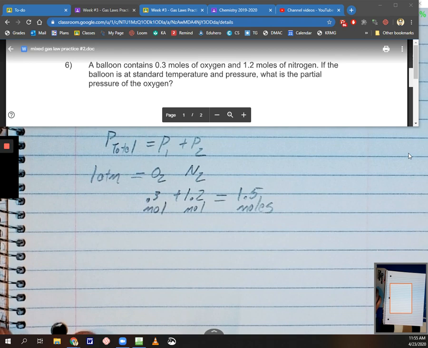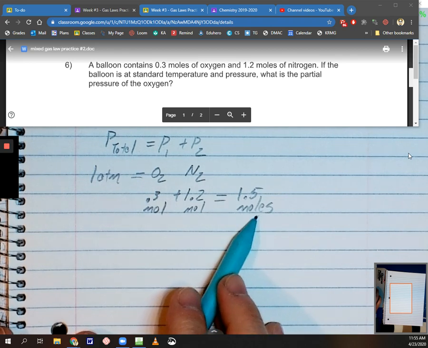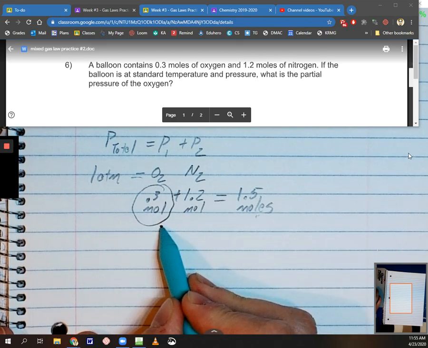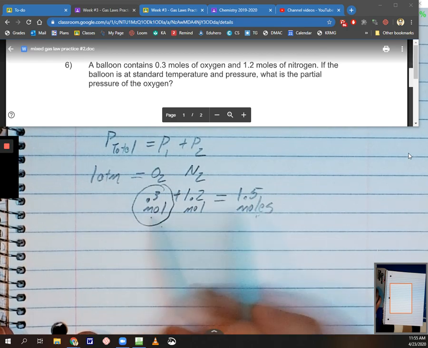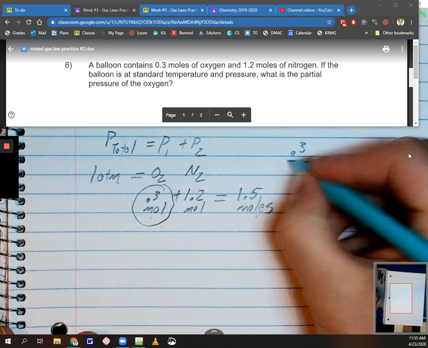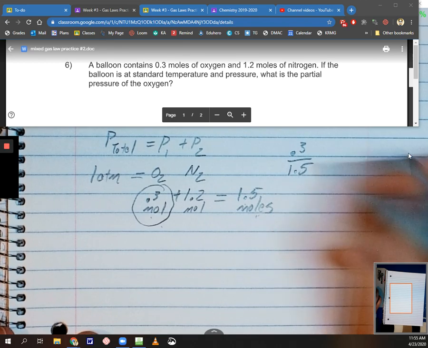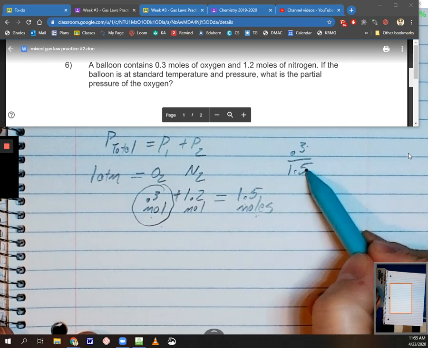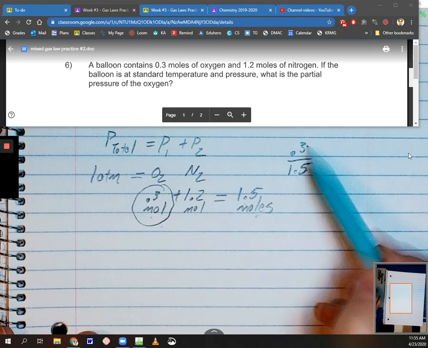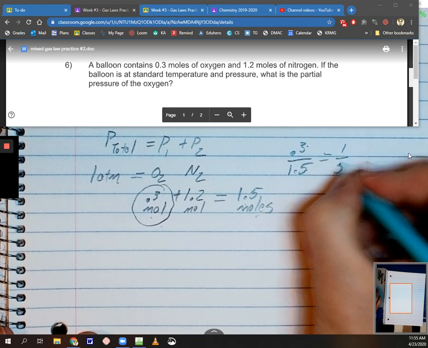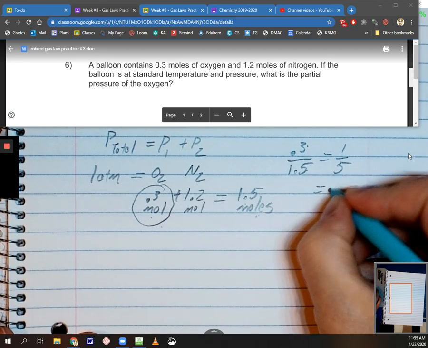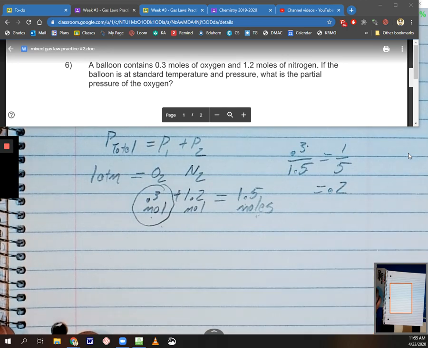Now, what portion of that 1.5 is made up by this guy right here? You can take that by doing part divided by total. So we do 0.3 divided by 1.5. Now, if this was 3 and if this was 15, then it would be a lot easier for you to see. Well, that's just 1/5 of it, right? 1/5 as a decimal is equal to 0.2, correct?